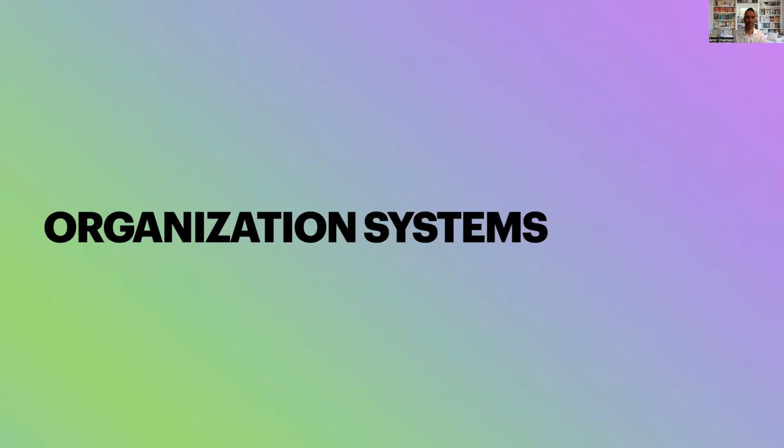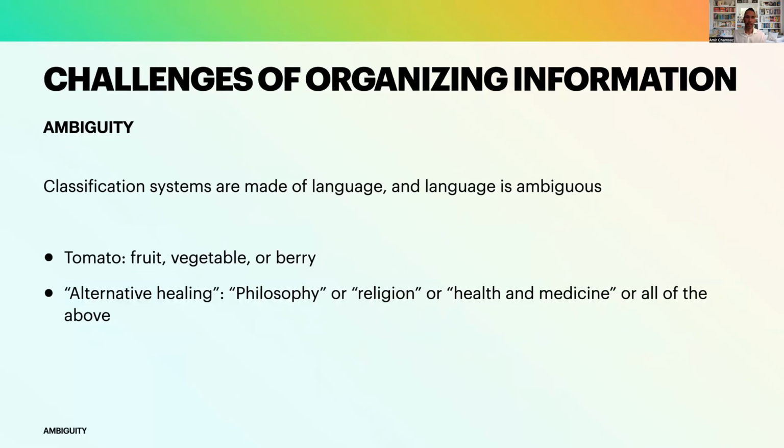So, organization systems. First of all, an organization system is challenging to design. Some of those challenges are, first, ambiguity, meaning that we use language to describe and organize information, and language is ambiguous. It can mean different things.